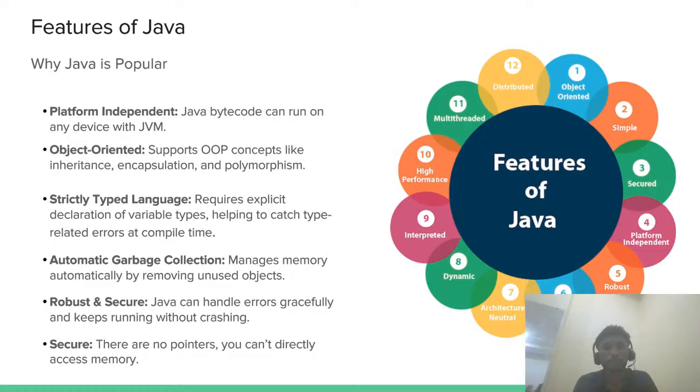Now the features of Java are the most important. Why is Java popular? Because write once, run anywhere was the main thing, and Java is mostly used for banking backends, where it is helpful because there will be no major changes.